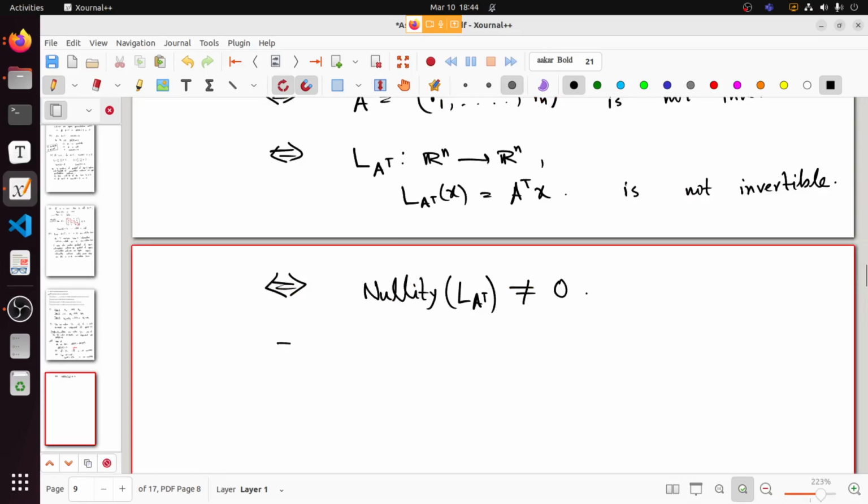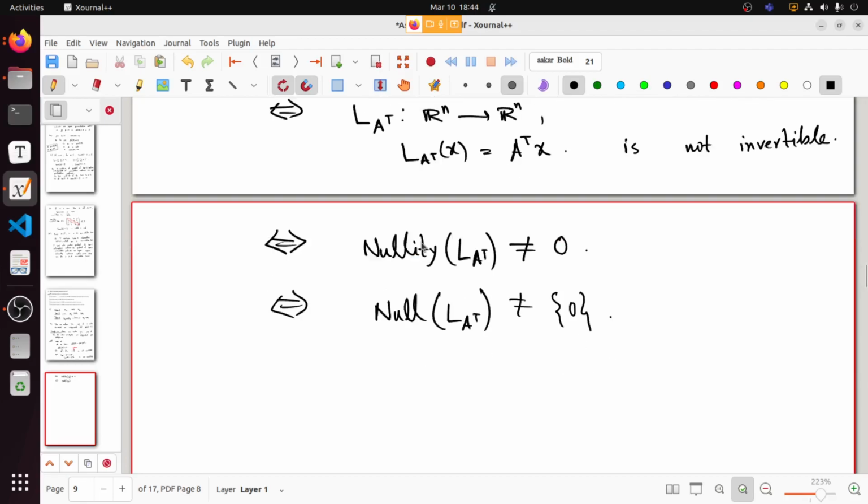This is non-zero. So the null space being non-zero means this is a vector space, right? So the null space of L A transpose is non-zero. What is the null space? It is the set of all vectors which are sent to the zero vector, right?